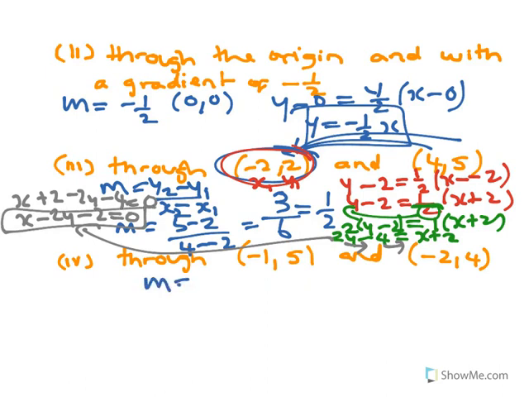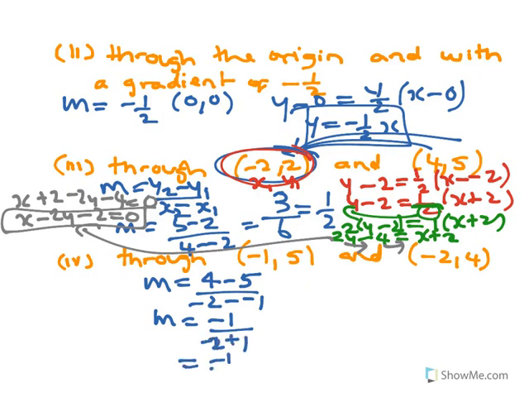Okay, the next one, so the gradient is 4 minus 5 over minus 2 minus minus 1. To get minus 1 over minus 2 plus 1, minus 1 and minus 1, so the gradient is just 1. So take 1 point. It wouldn't matter whether you took the second one or the first one. So we're just going to take the second, so I can show you.